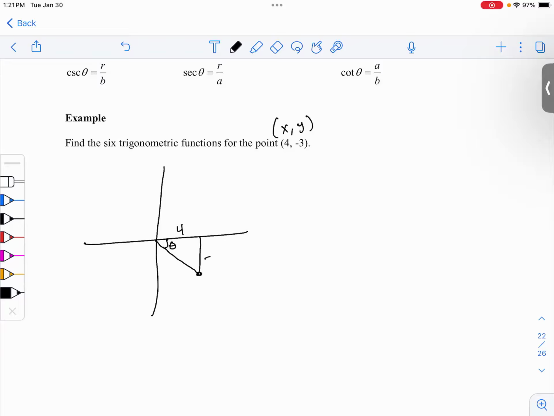The y distance then is -3. And I can solve for r. 16, 9, 25, 5. And oh, look, it's our most famous triangle. It is a 3, 4, 5 triangle.